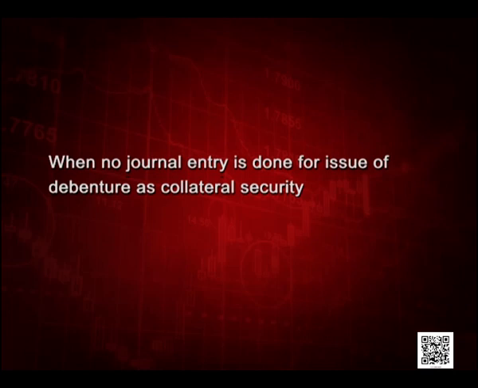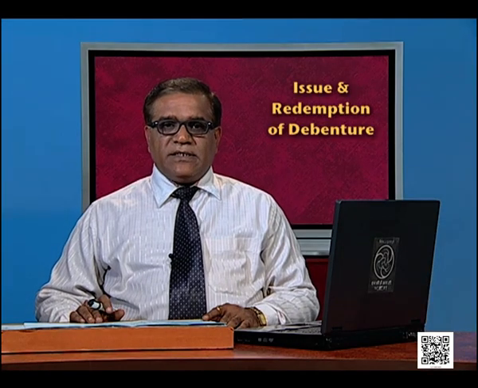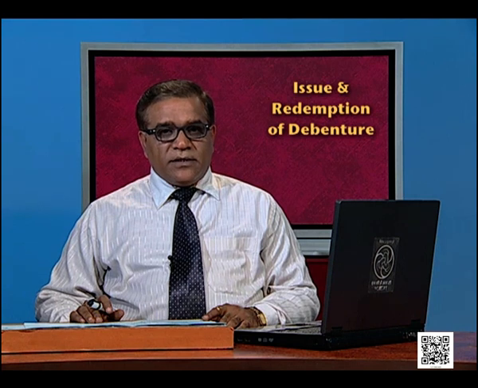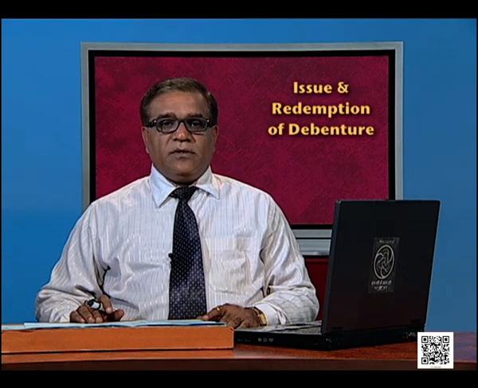Now, there are two methods of recording issue of debenture as collateral security in the books of accounts. In the first method, no journal entry is to be done for issue of debenture as collateral security, but this fact has to be disclosed in the balance sheet below the loan figure. Now, let us understand what it means by an example.